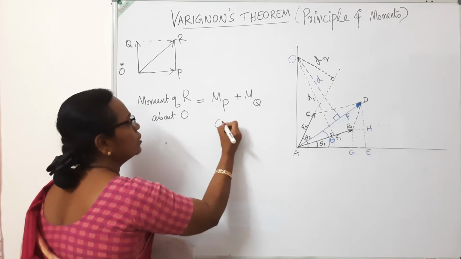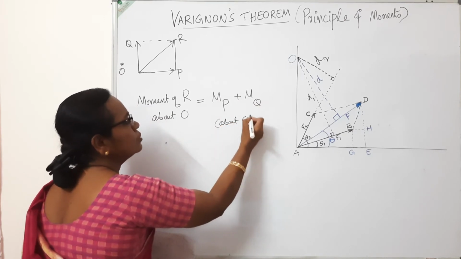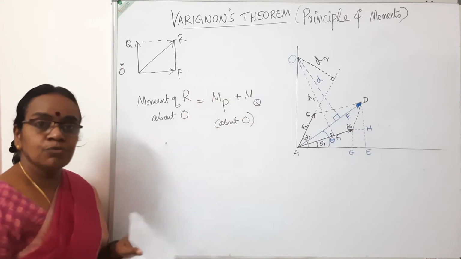That is, the moment of P and Q about O. This is called Varignon's theorem.